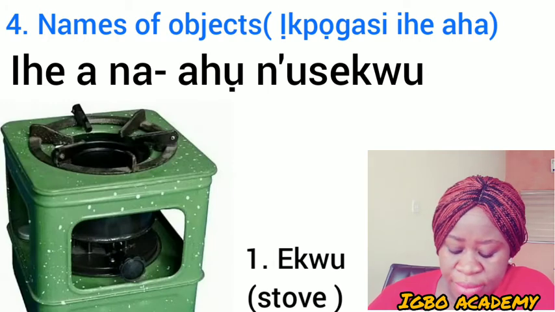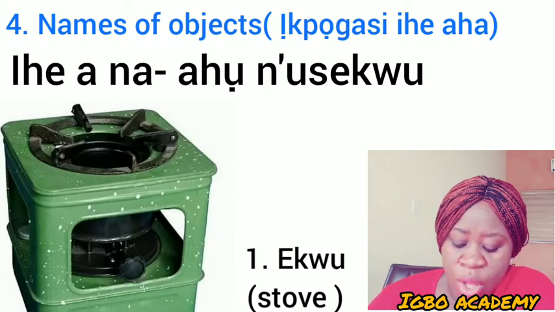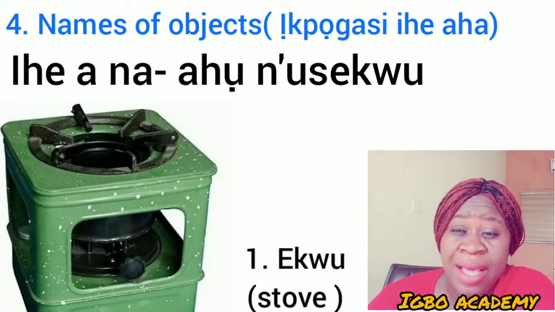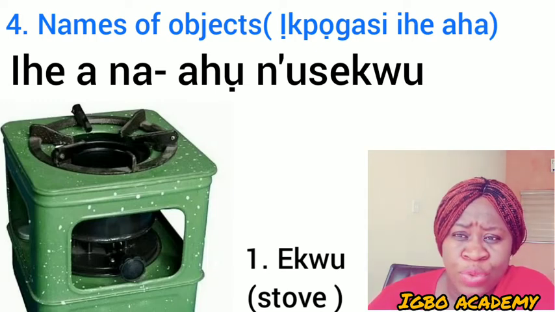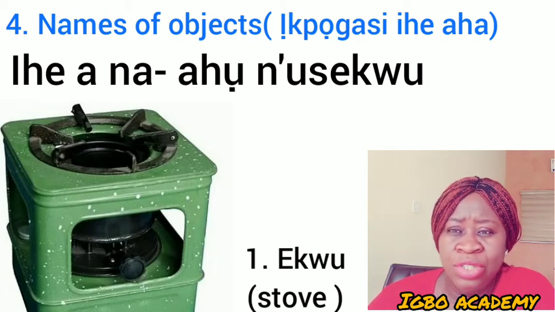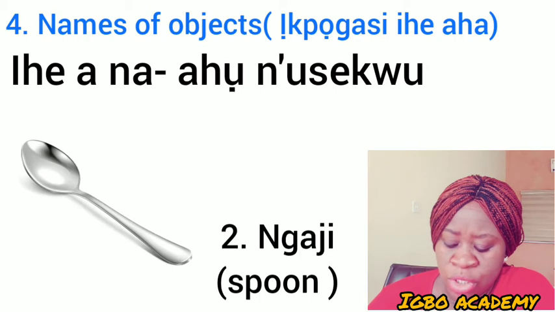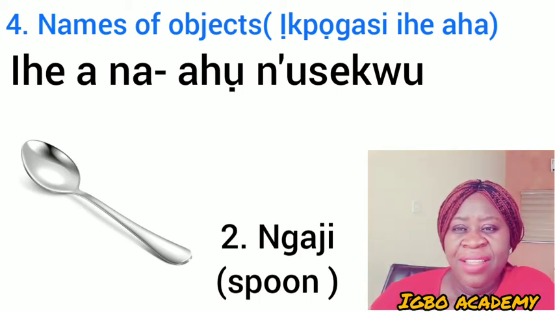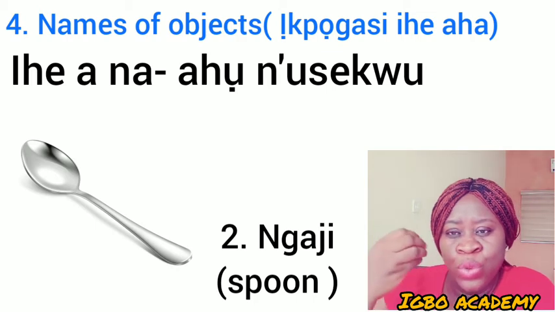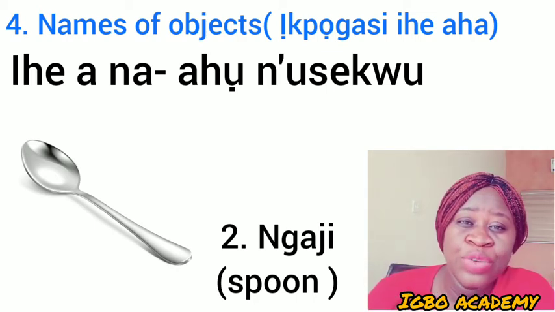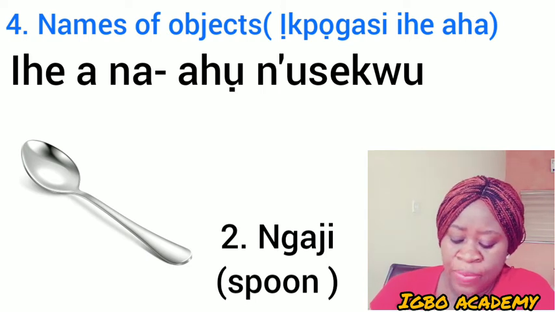Number 1, eku, means stove. Number 2, ngaji. The ngaji is the spoon you use in eating your food.